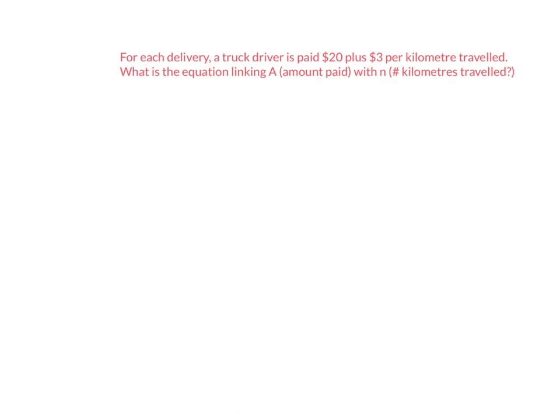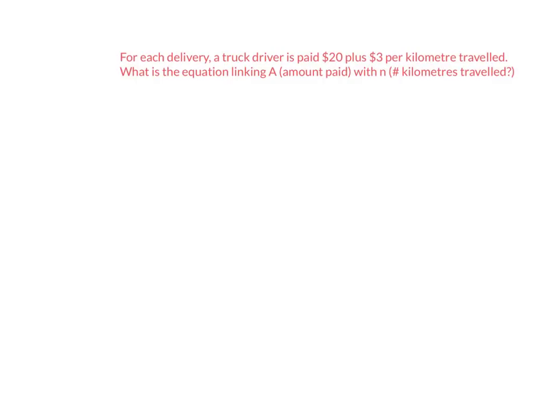So let's look here at a worded problem. For each delivery, a truck driver is paid $20 plus $3 per kilometre travelled, and we're going to find the equation linking A and N. So this is a linear relationship. The $20 he's paid per delivery is a fixed cost. $20 doesn't change per delivery. What is changing is the number of kilometres travelled.